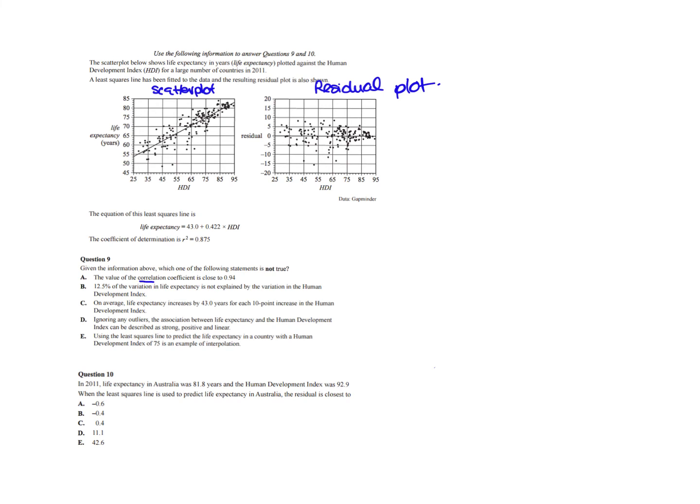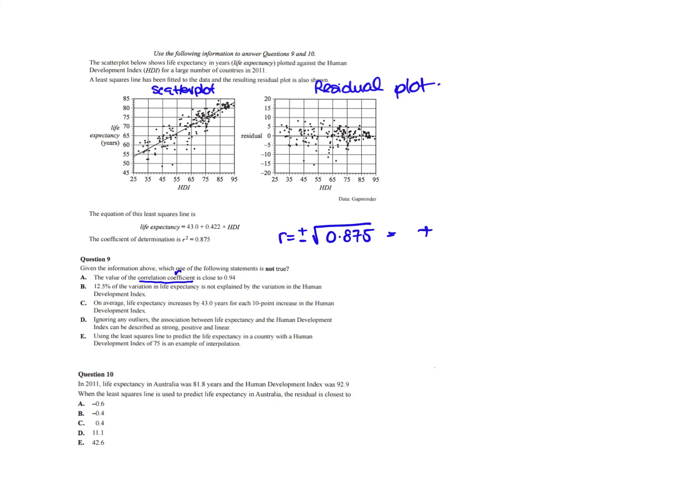So the value of the correlation coefficient is 0.94. That's the R value. So we're looking for not true. If I need to find the R value, I'm going to have to do the square root of 87.5, and I'm also going to have to decide whether it's plus or minus. Because this graph is positive, it's going to be a plus number.